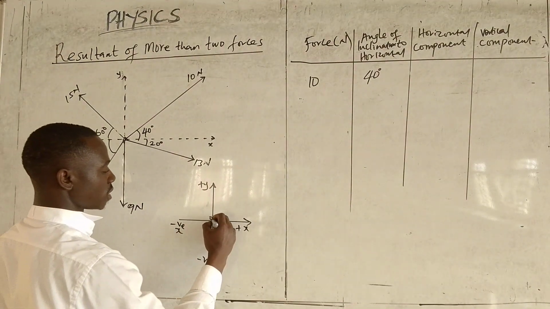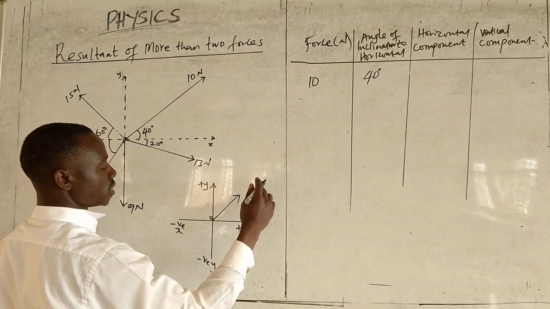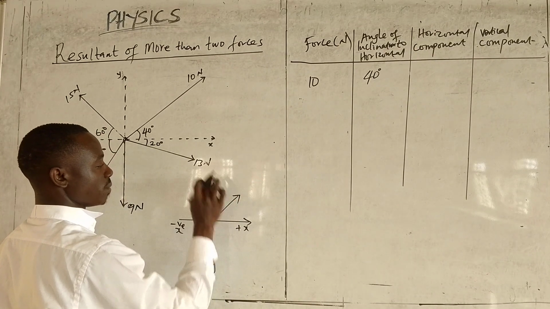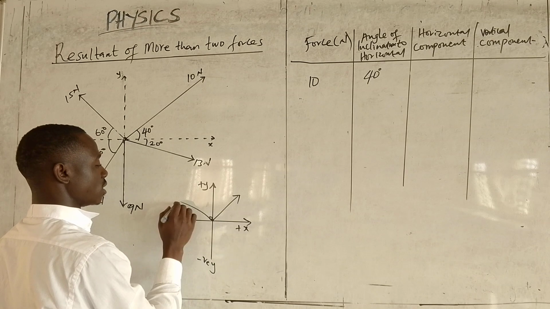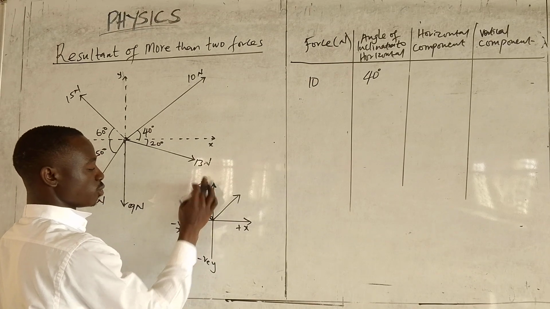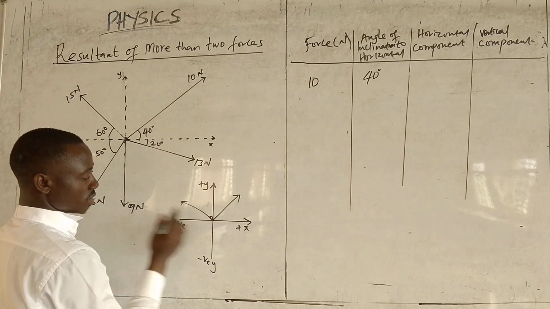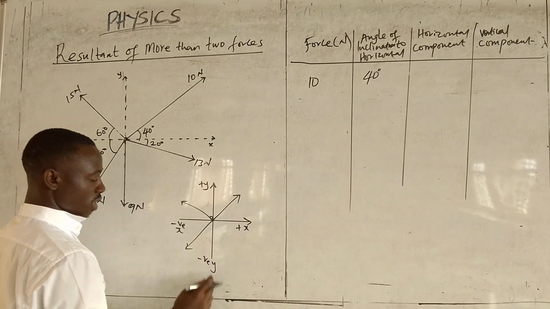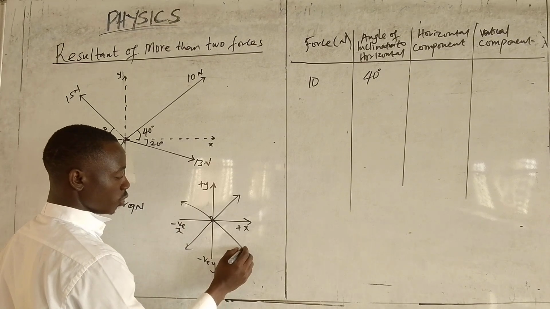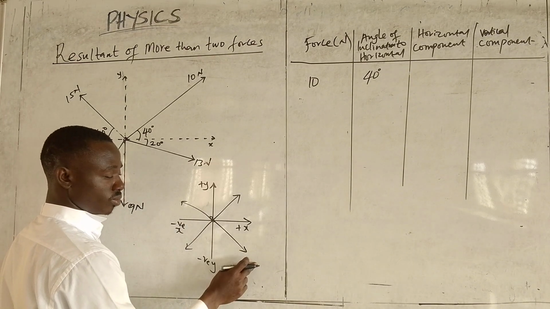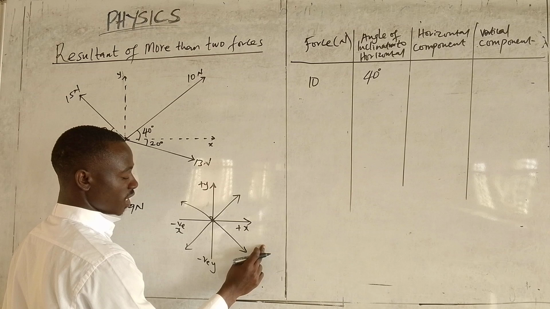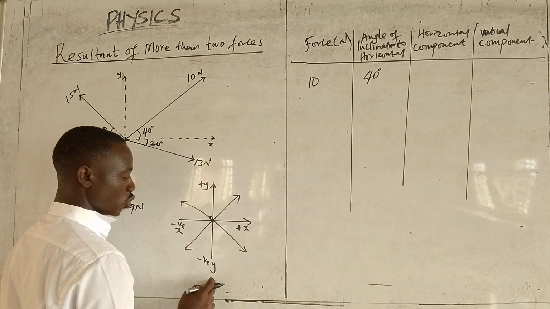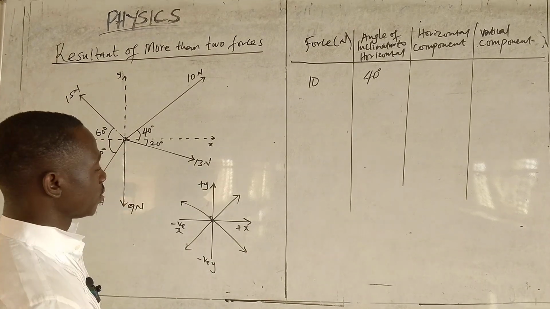So any force in this direction is positive X and positive Y. While any force in this direction, positive Y because it's going up and negative X. Any force in this direction, negative X, negative Y. While any force in this direction, positive X and negative Y because it's going down, okay?